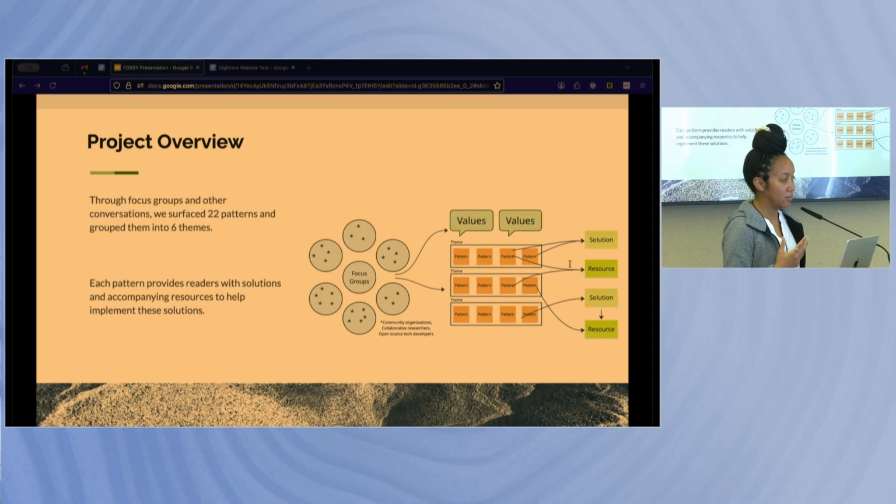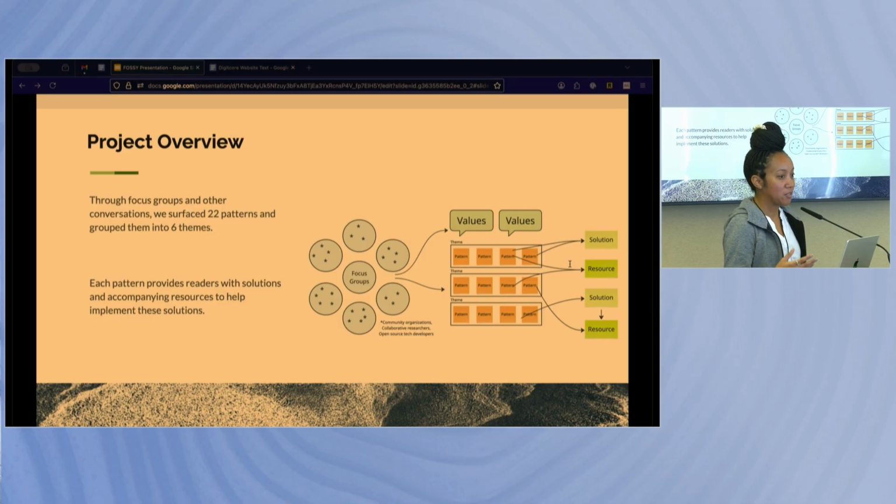Our hope, a little bit of a spoiler, is that this toolkit will be a living thing. I actually left a note for myself to laugh at this point, because we all say that we want to have this living documentation that will continue to be updated until the end of time. We hope so, and I will present to you later some mechanisms and things that we want from the communities.